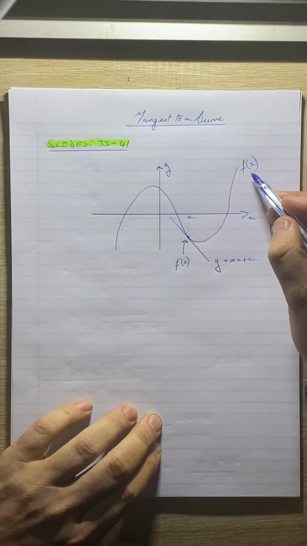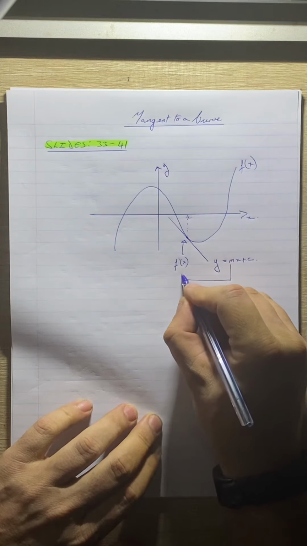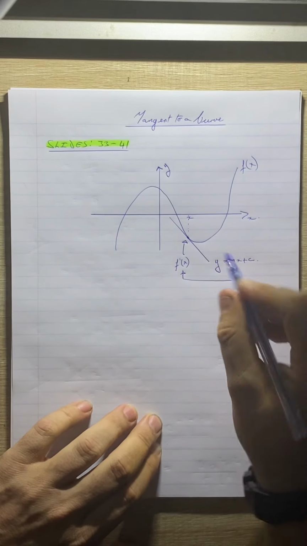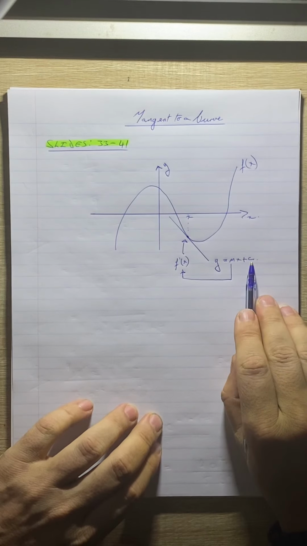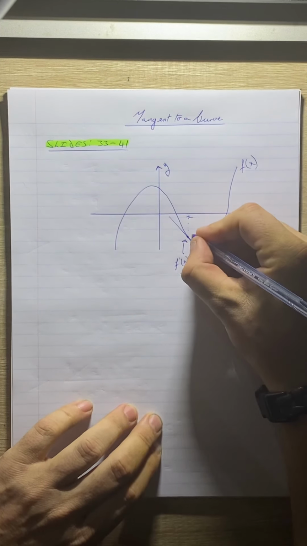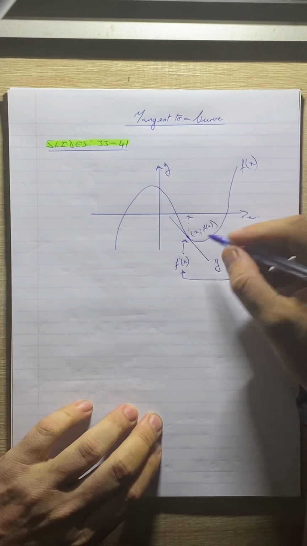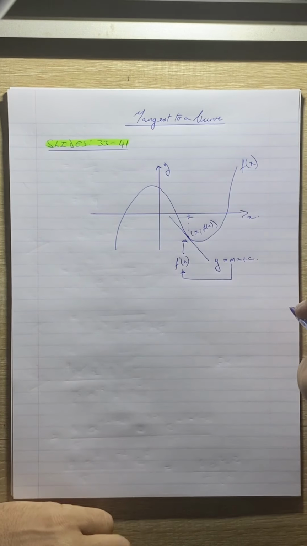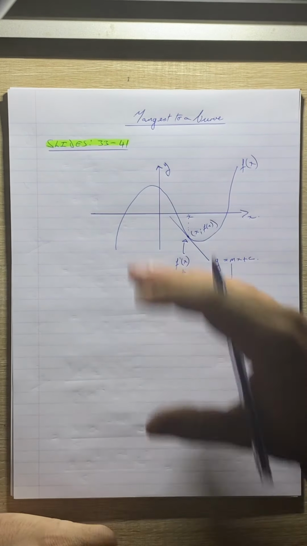So it's just the derivative of the normal function. That would be my gradient for my straight line, or in this case, the tangent, okay? To find the c value, we just substitute the coordinate in here. So whatever x, f of x is, we substitute in here and we find what the c value is.